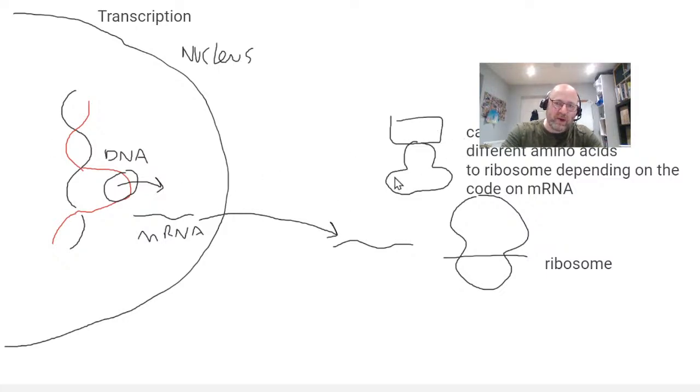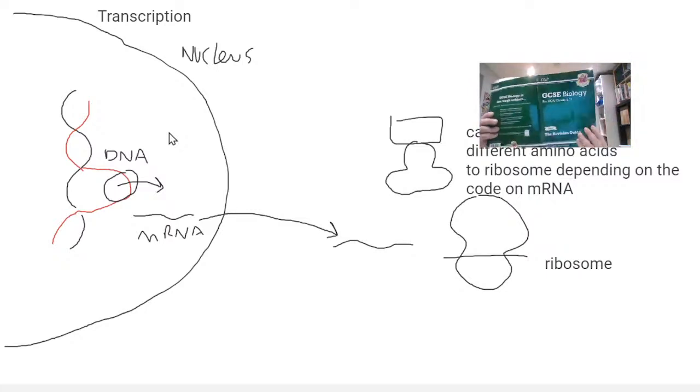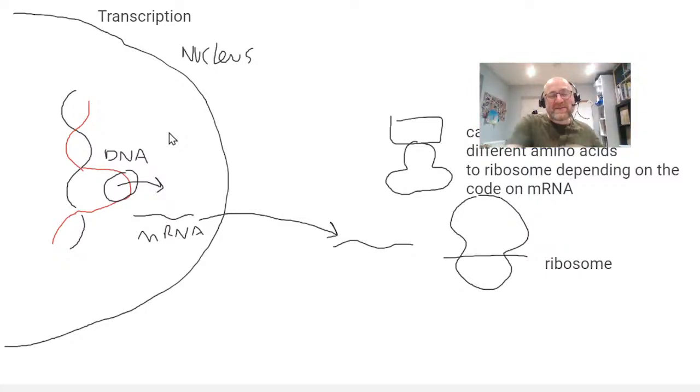This is a carrier molecule bringing this rectangle brick, which is an amino acid, in. Depending on the code, you'll get different amino acids coming in to form the protein. It is called tRNA, transfer RNA. It just says carrier molecules underlined in the AQA revision guide, but if you're doing IGCSE, you need to know that name.